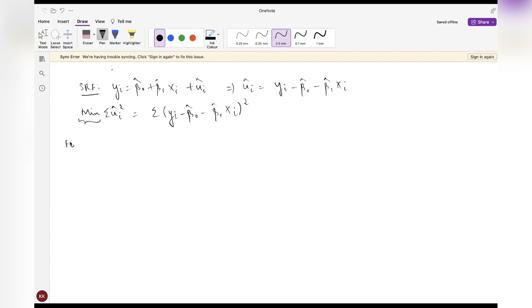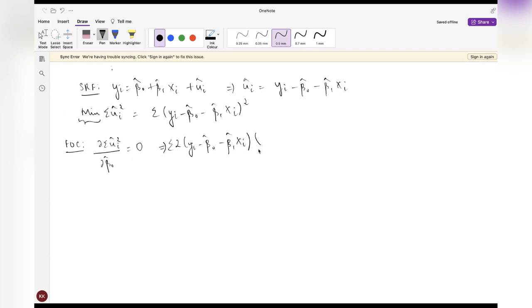Now we wish to minimize the sum of squared residuals. So on the basis of the first order condition, we will be differentiating the sum of squared residuals with respect to the estimators present in this residual, one of them being beta naught hat, and equating this to 0, right? Now solving for it will give us summation of twice yi minus beta naught hat minus beta 1 hat into xi.